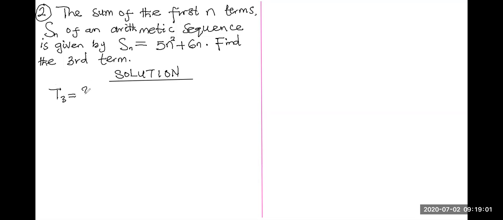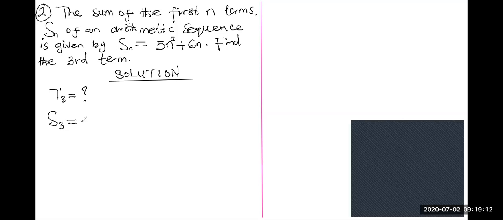We are given the sum and we're asked to find a term. So our sum 3 is going to give us sum 2 plus the third term, as we established using the formula Sn equals Sn minus 1 plus Tn.